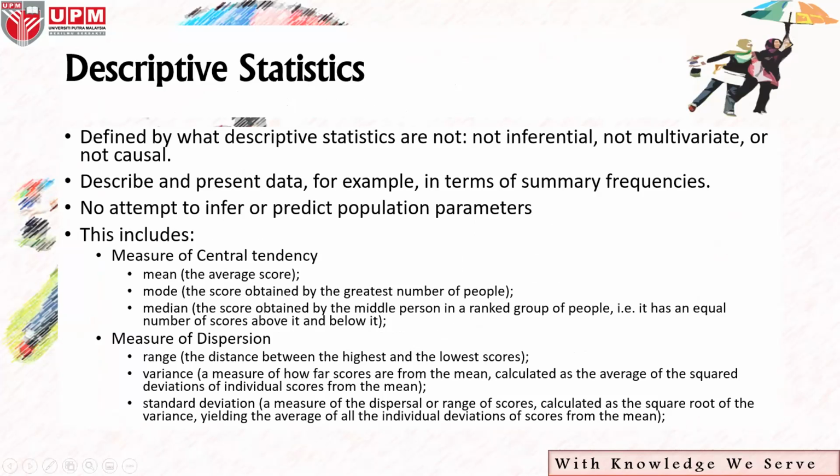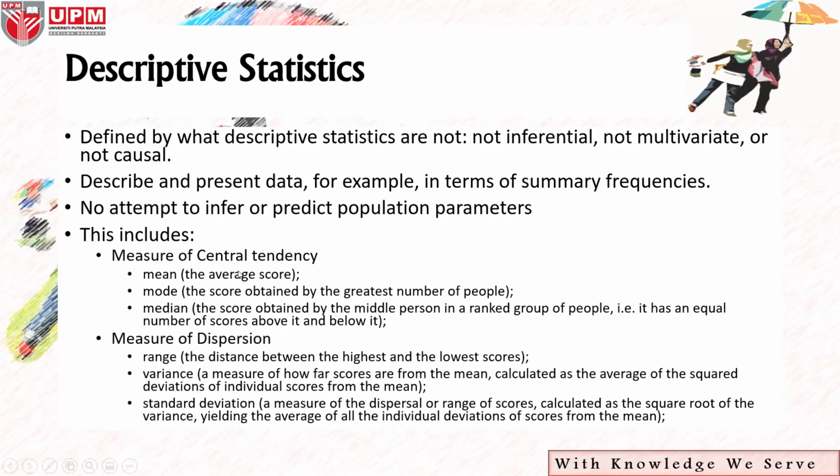The main purpose of using descriptive statistic is we want to describe our data, describe our finding in terms of mean, mode, median, or measure of dispersion: range, variance, and standard deviation.